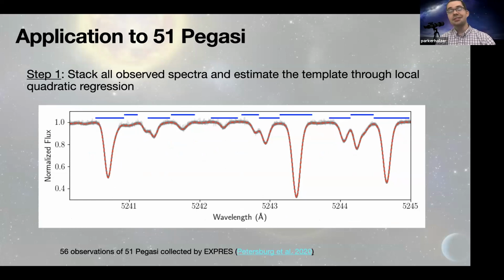Oh, that's a good question. Kind of both. Because in practice, we don't fit the whole thousands of angstroms worth of the spectrum simultaneously. Since some parts of the spectrum have more absorption features than others, we only fit 5 angstroms at a time.